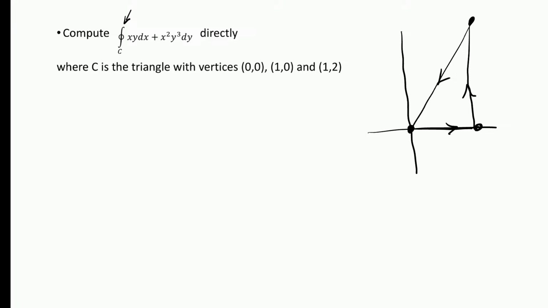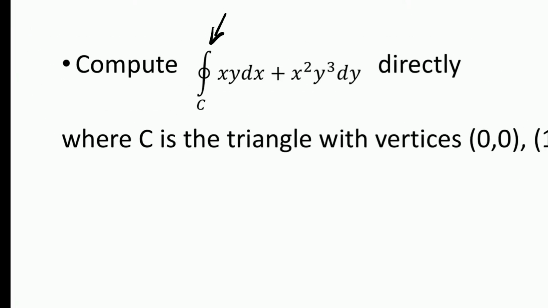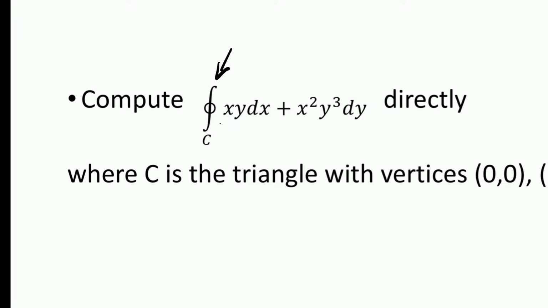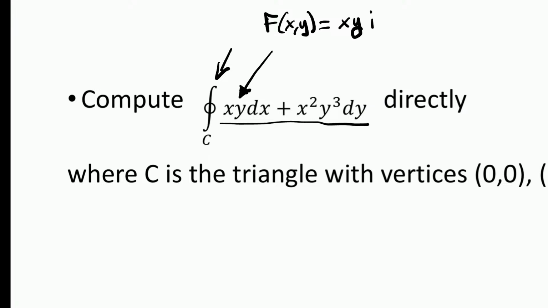And by the way, this is not a conservative vector field. The way that that's written is a little bit funky, so I should briefly explain. Whenever you have things separated like this, that means that this piece here, f of x, y, is equal to xy i. That piece there is the x coordinate, if you will.